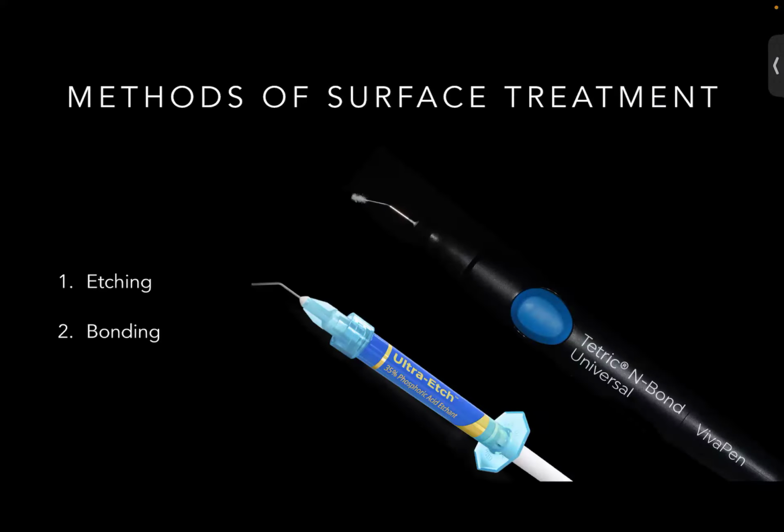Now for composites, there are two methods of surface treatment, etching and bonding. There are many generations of etchants and bonds and everything which are now available in the market. But personally, I always prefer going with the old school two-step etch and rinse and then bond.